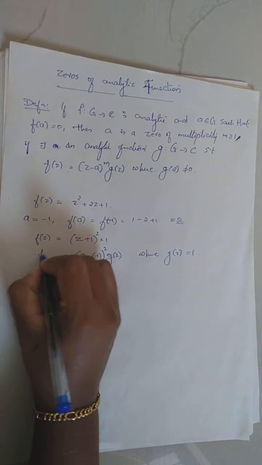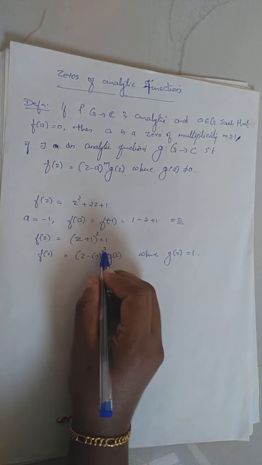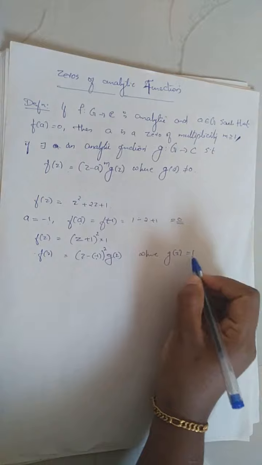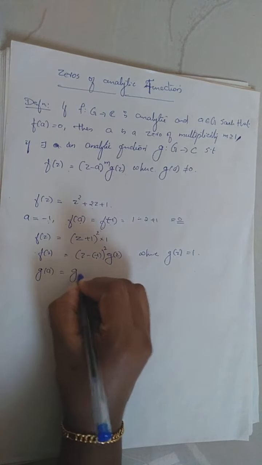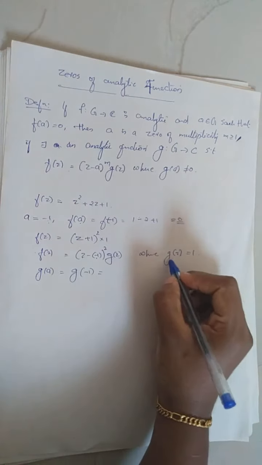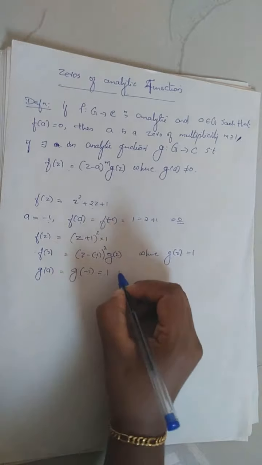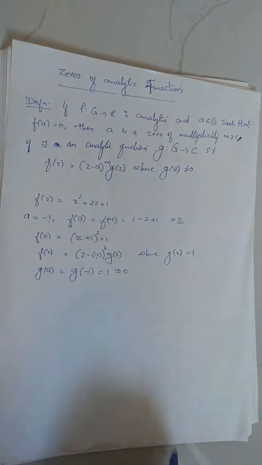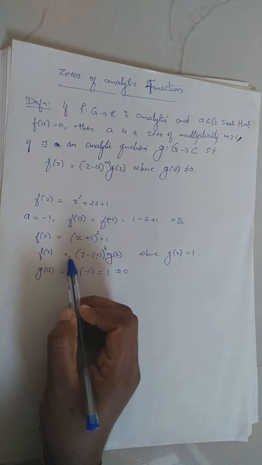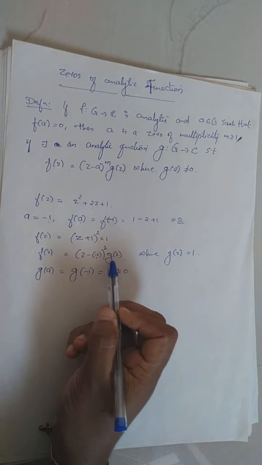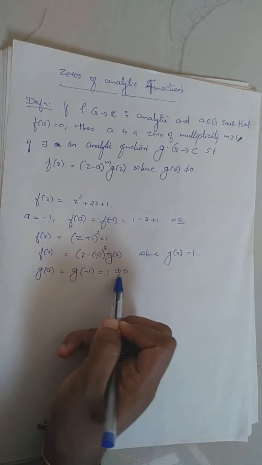What about g(a)? g(a) equals g(-1), and g(z) is a constant function, so whatever the value of z, that will be 1 always. So clearly it is non-zero. So we represent f(z) as (z minus a) raised to m times g(z), and note that g(a) is a non-zero value.